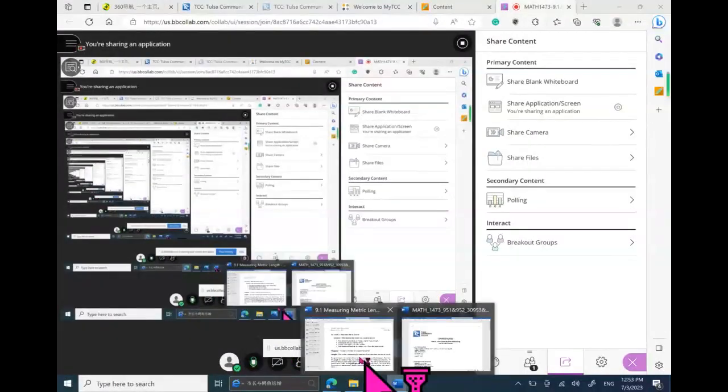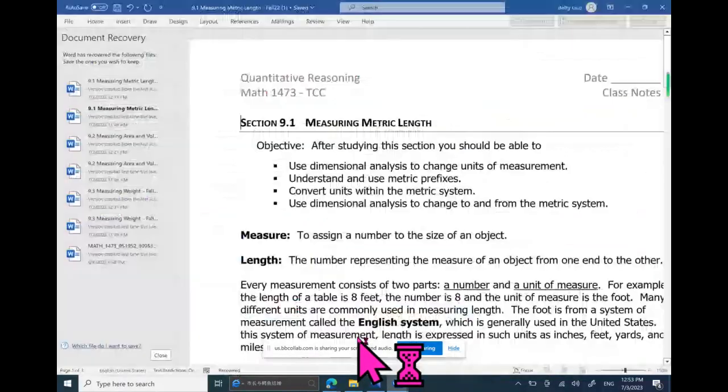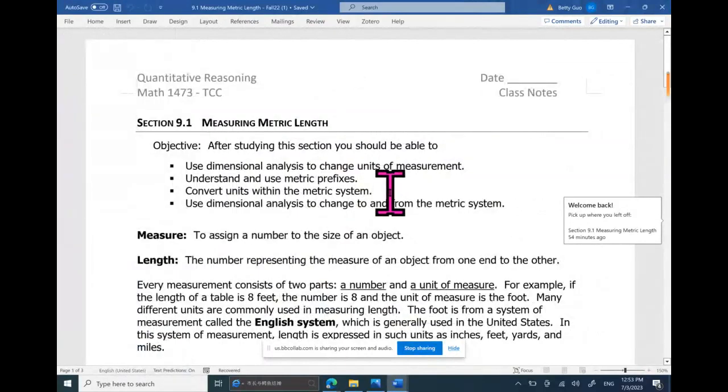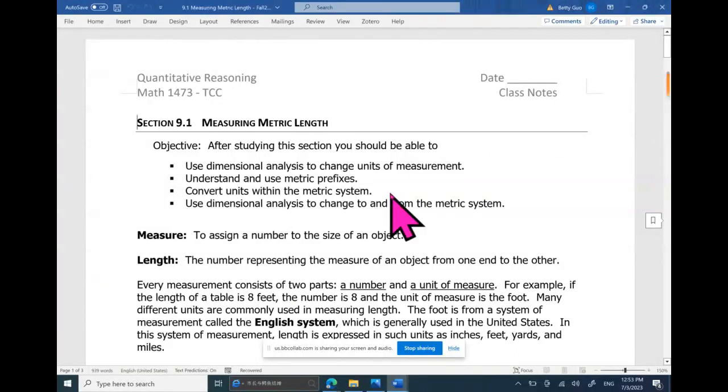So the first section, measuring metric length. Length is a one-dimensional concept. So in this section, we convert between one-dimensional measurements.